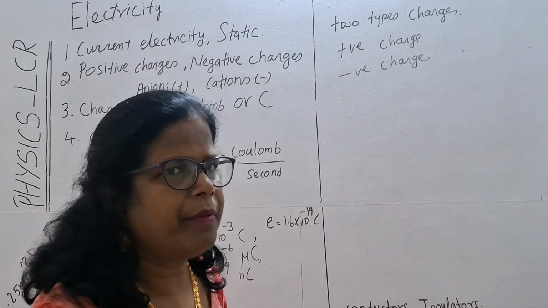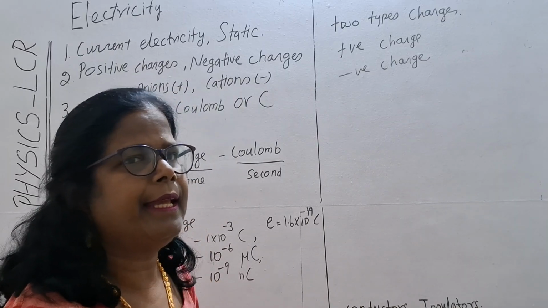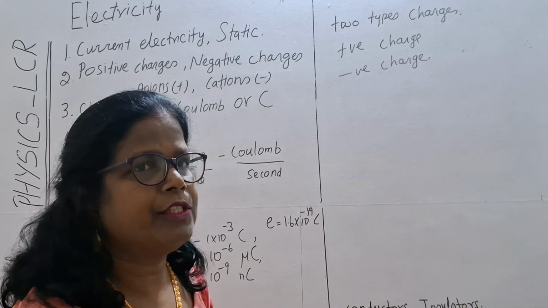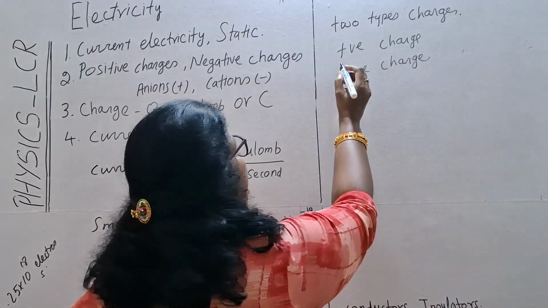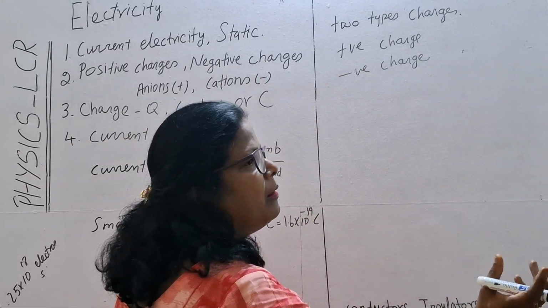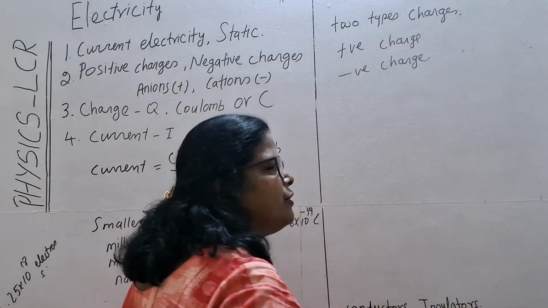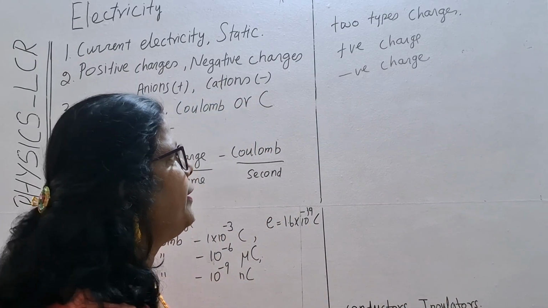A body can gain electrons or lose electrons. Suppose the body loses electrons, so the number of protons is more, so that body is said to be a positively charged body.